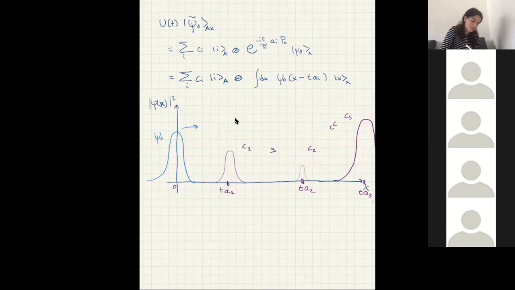So these coefficients here, if we square them later, will give us the amplitude of these wave functions. So the probability at which we'll measure them when we measure the x position, the probability that it will be here or here or here will depend on the Cis, which, if you remember, were the initial state of the system.